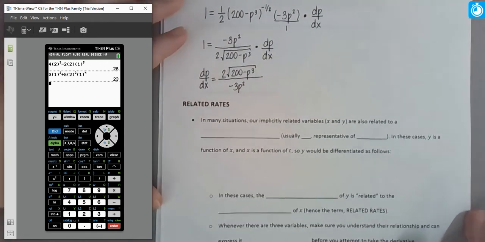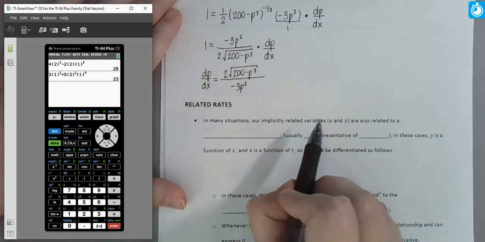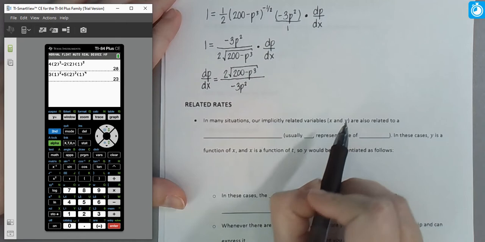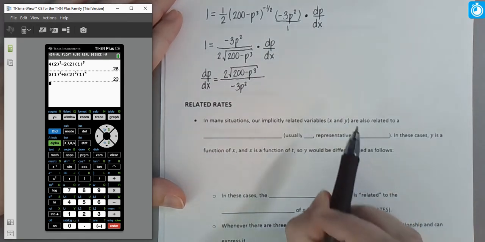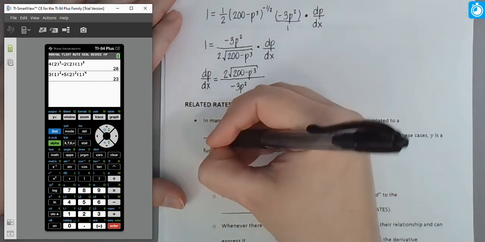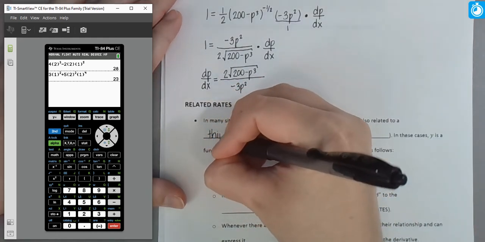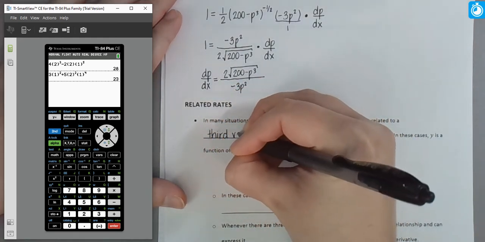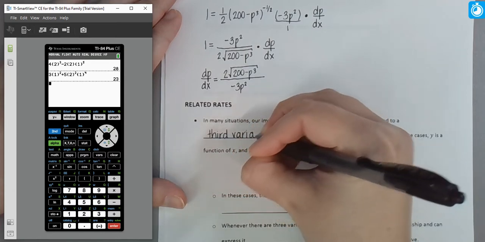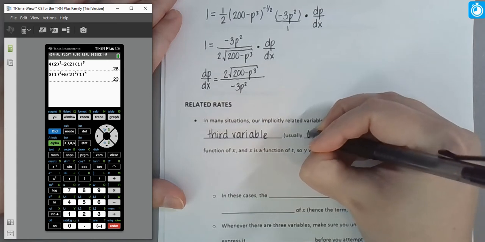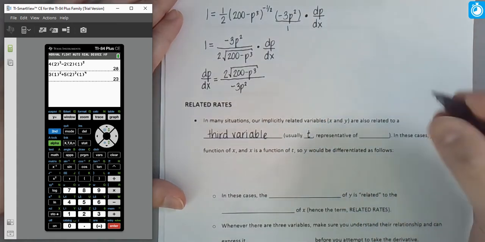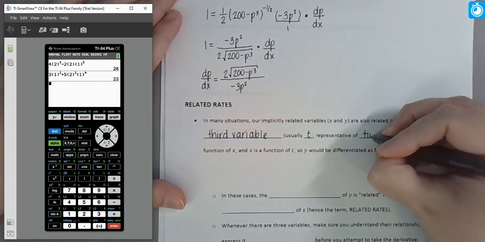In many situations, our implicitly related variables, x and y, or whatever variables we have, are also related to a third variable, an additional variable. And in most cases, it's usually going to be the variable t, which represents time.